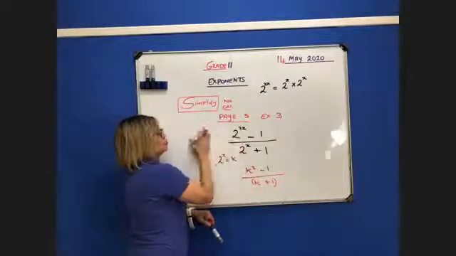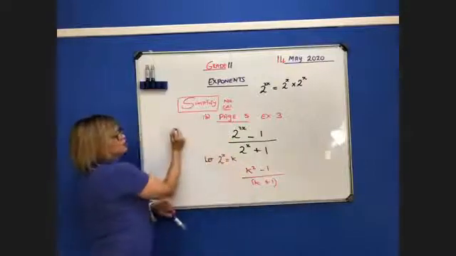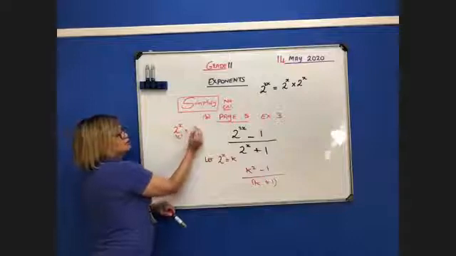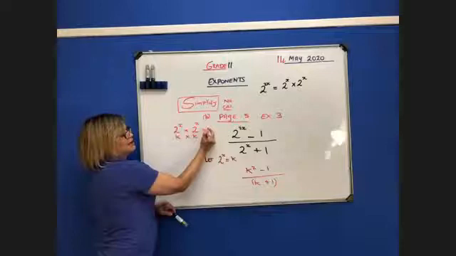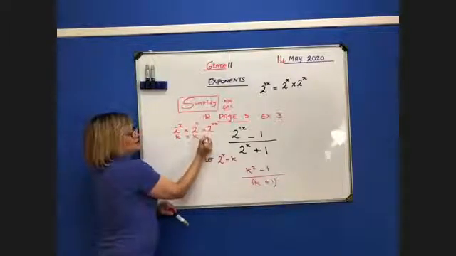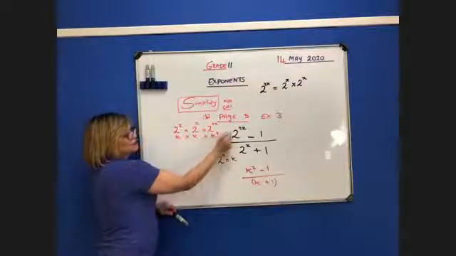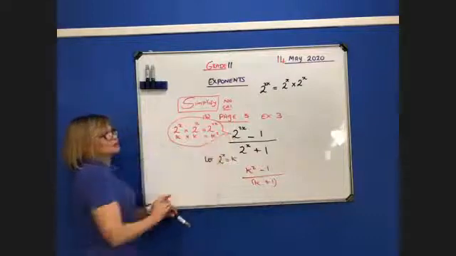If you still don't understand why this is k squared, remember 2 to the x is k, and I times it by 2 to the x, which is k. You have the same base, add your exponents, and you'll see that's k times k, which is k squared. So that is why the double index becomes k squared.